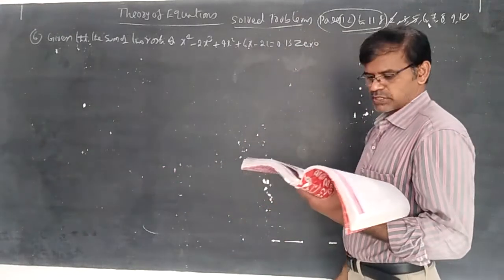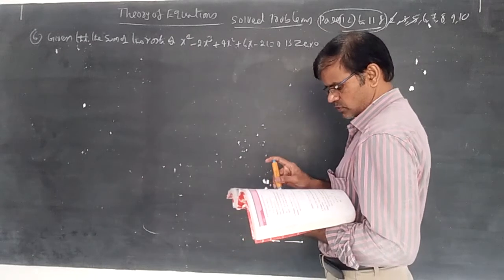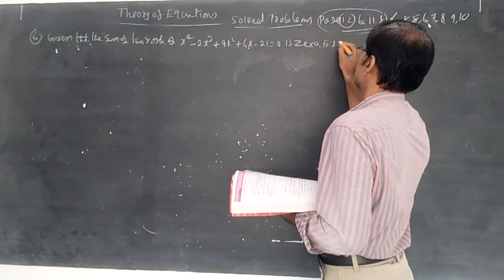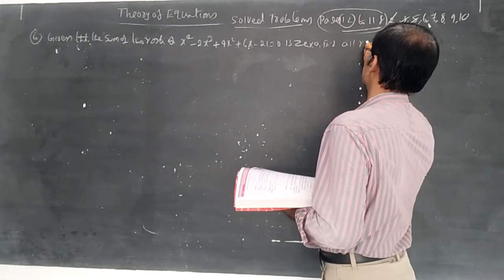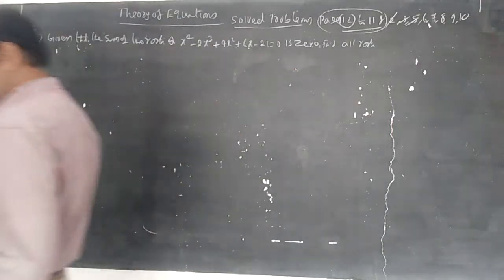Find all roots of the equation. The sum of two roots is 0.